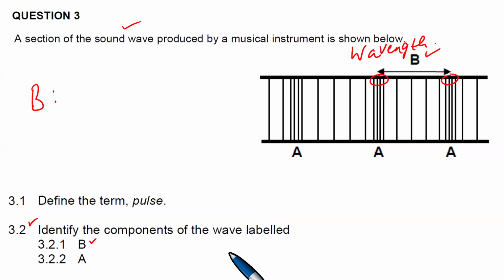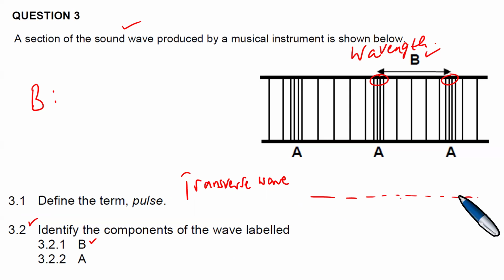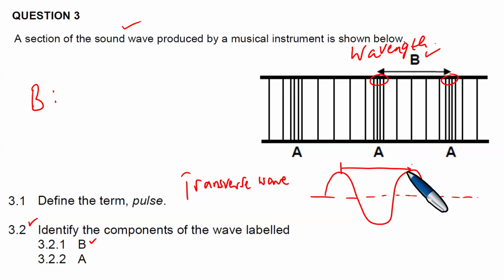Now, if you look at the notion of a transverse wave, and you have the equilibrium position like this, this one is a crest, and therefore the distance there is called the wavelength.